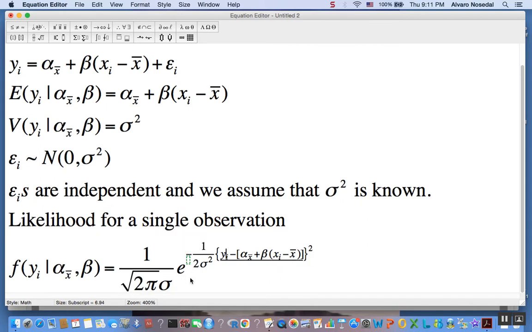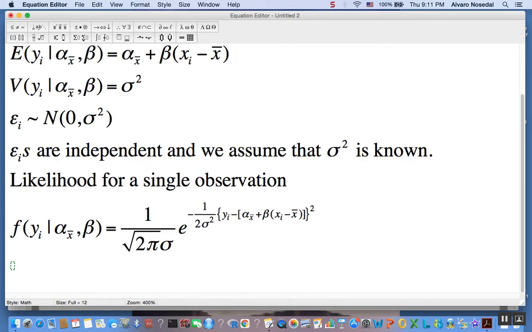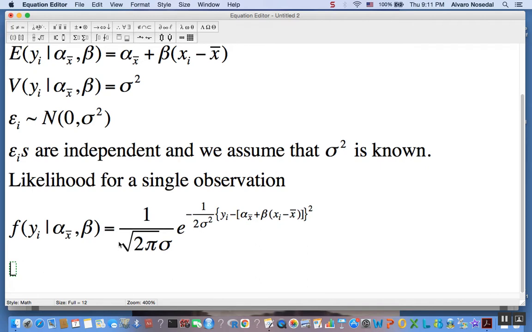So now let's keep going. That's the likelihood for a single observation, and this is for values between negative infinity and infinity.